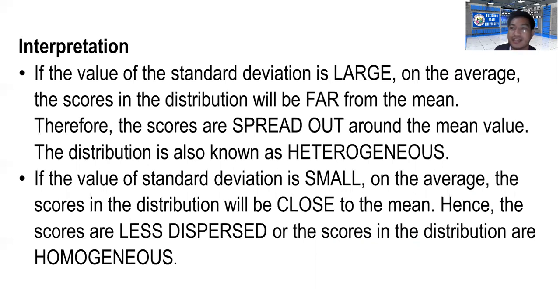They are close together. So when you say homogeneous, they are close, while if heterogeneous, the scores are far from the mean because they vary. Like 10, another is 100, another 15, another 50. That is heterogeneous. Homogeneous is close, like 10, 11, 12, 13, 10, 11, 12, 15.